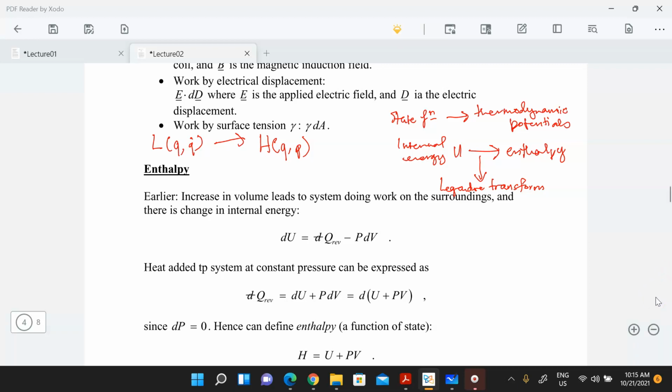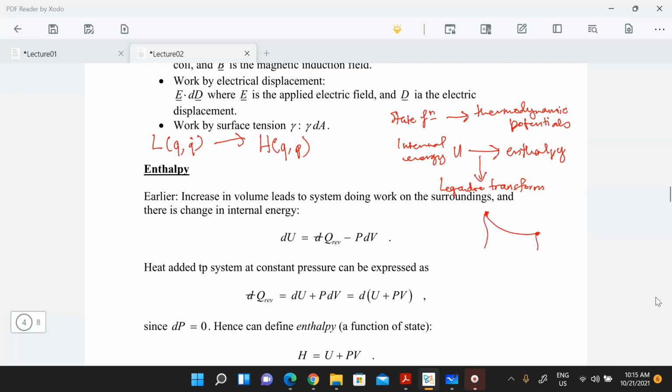Okay, let's go back to this idea of increasing the volume of the system to do work on the surroundings, and there will be a change in internal energy. For example, in the case of an increase in volume, you go to that volume.